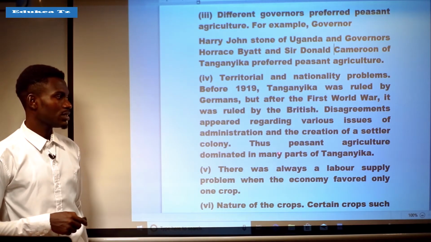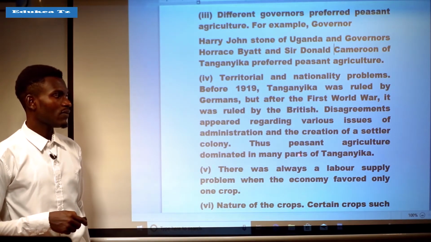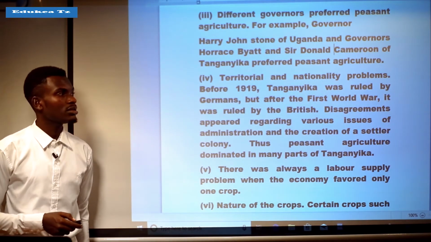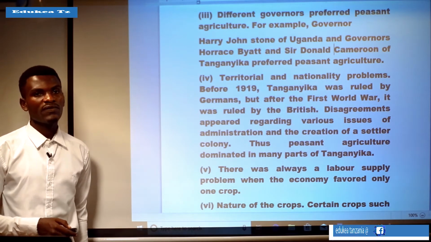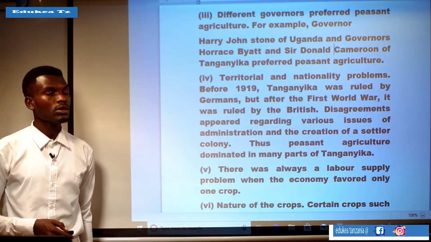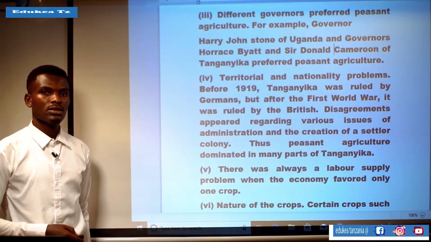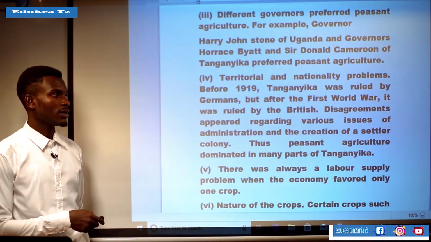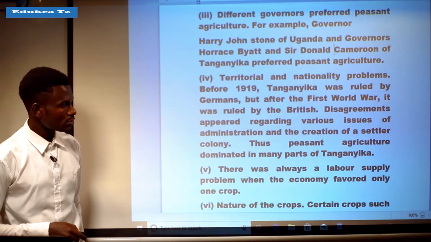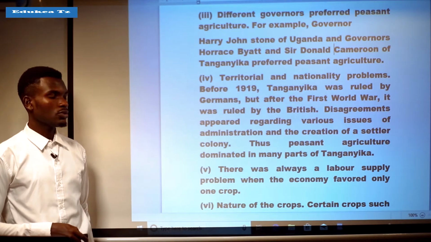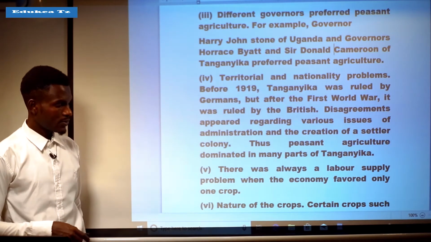Thus, peasant agriculture dominated in many parts of Tanganyika.